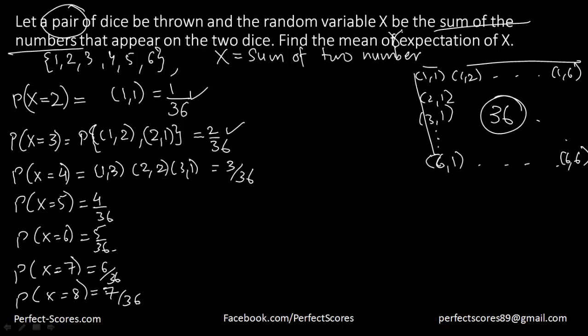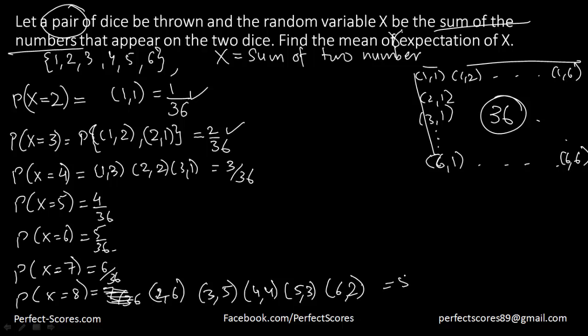For sum equal to 8, it's not 7 by 36. If we calculate it, it's 2 comma 6, 3 comma 5, then 4 comma 4, then 5 comma 3, and then 6 comma 2. So there are a total of 5 cases. So that is 5 by 36.